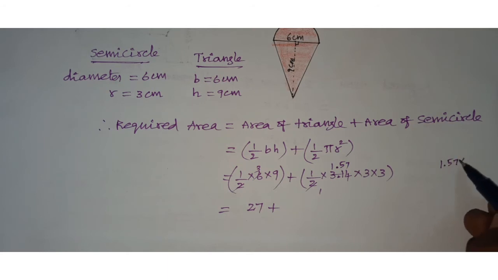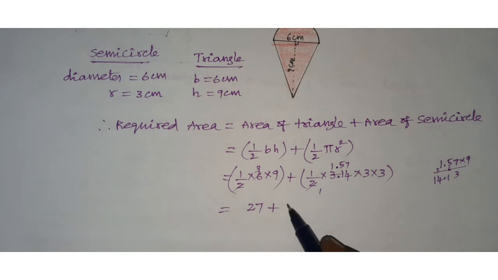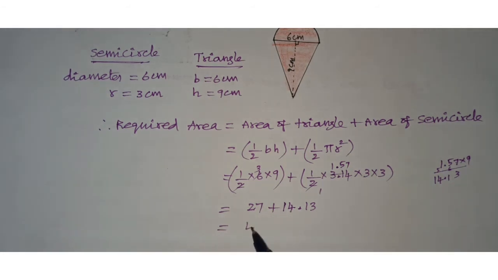1.57 into 9, 3 3s are 9. So 9 7s are 63, 9 5s are 45 plus 6 is 51, 9 1s are 9 plus 5, 14. So 14.13. So now when you add this value 27 plus 14.13, 41.13 centimeters square.